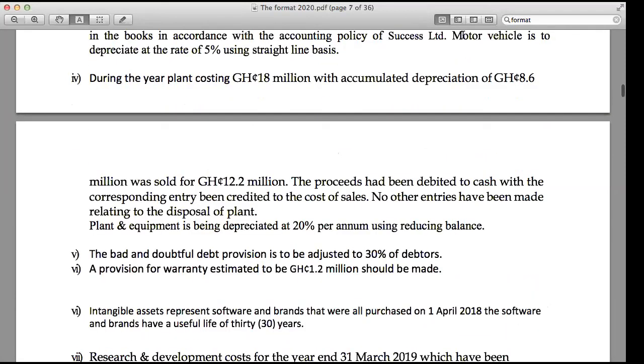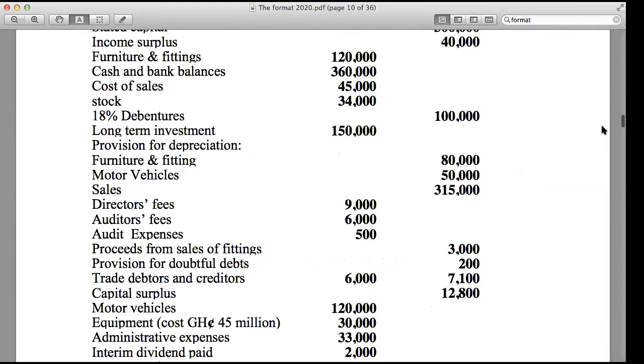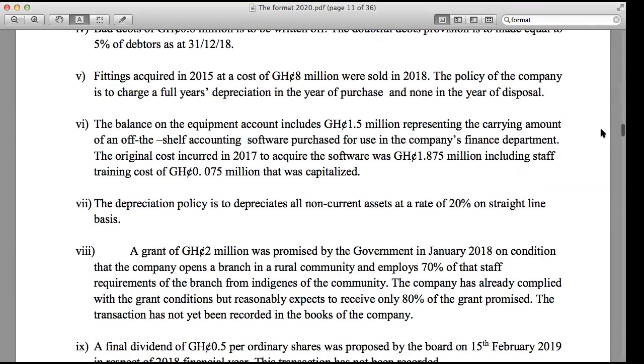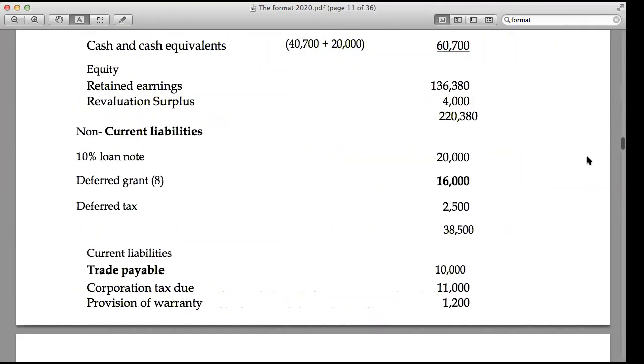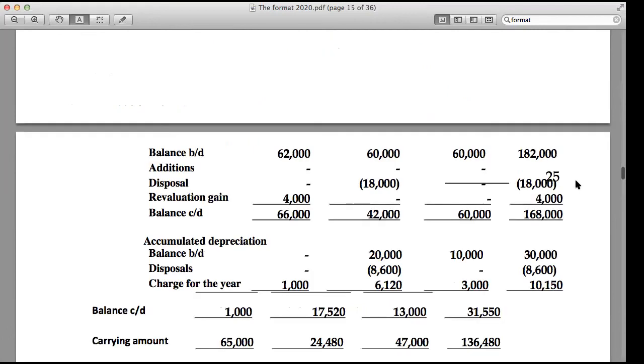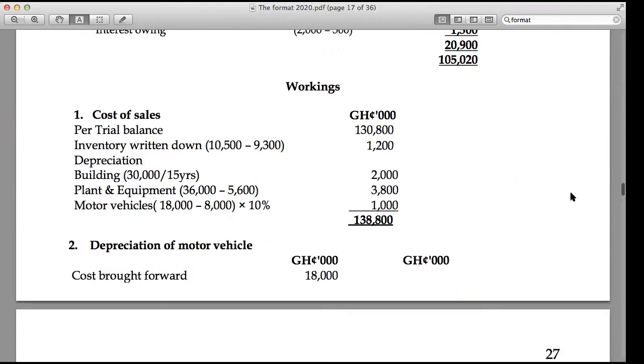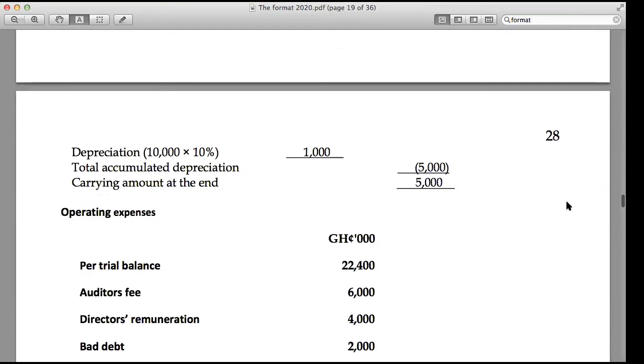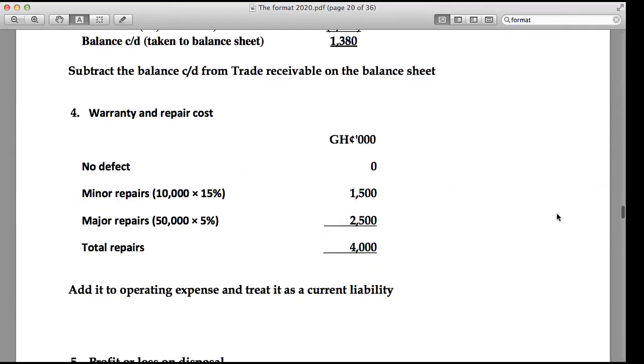So let's go to question 5, and you try that one too for me. If you're able to try question 2 and question 5, I think you are free to go until I come with my tough questions. So take note.